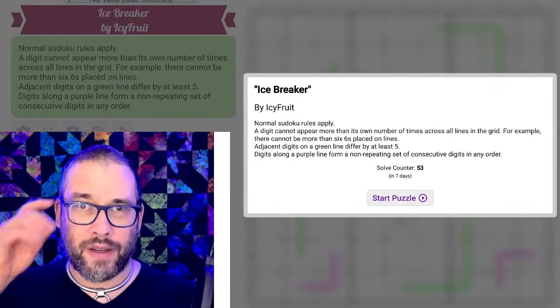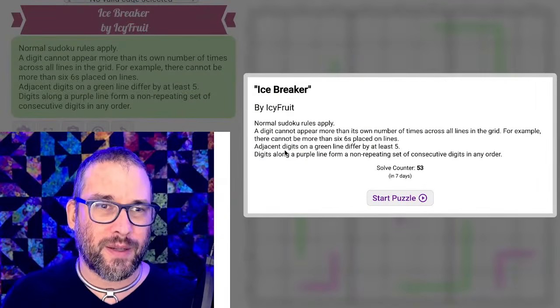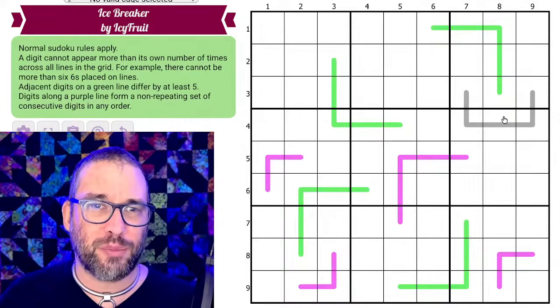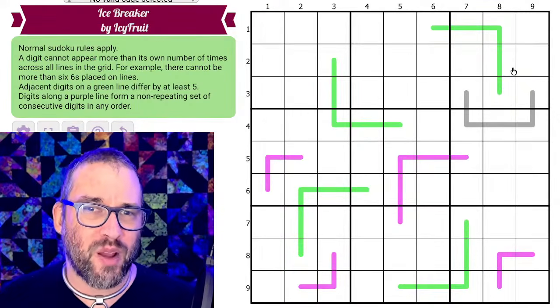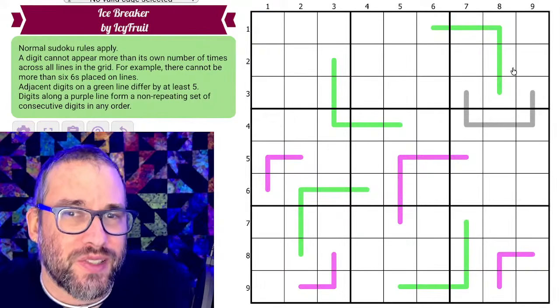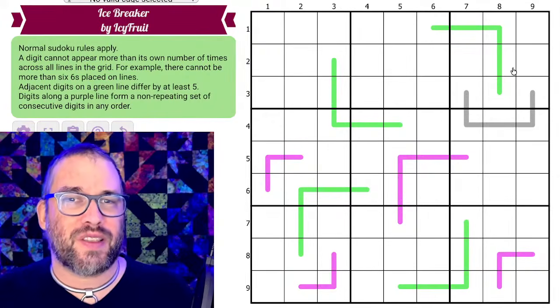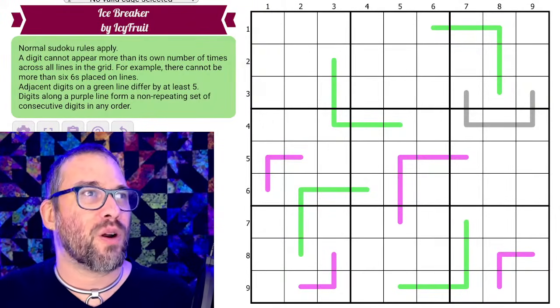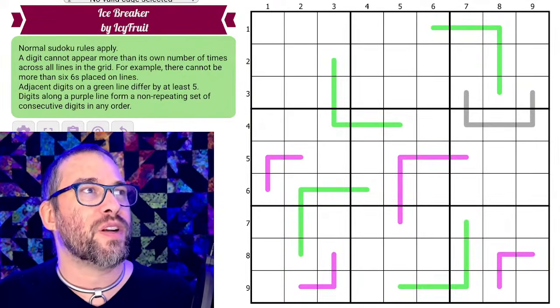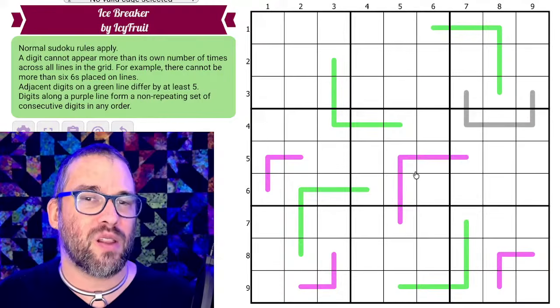All right, I am back with this icy fruit puzzle, which is Renban and German whispers with a twist. And the twist is that a digit can't appear more than its own number of times across all lines in the grid.